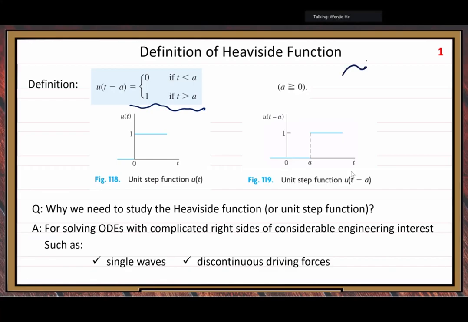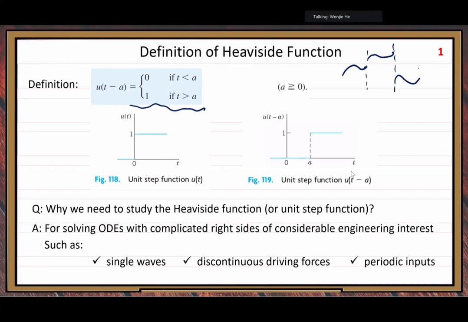Each piece is continuous, then another piece is continuous, then another. So we call it piecewise continuous. The whole function is not continuous, so there are many discontinuities. Those functions we can easily represent using the Heaviside function.